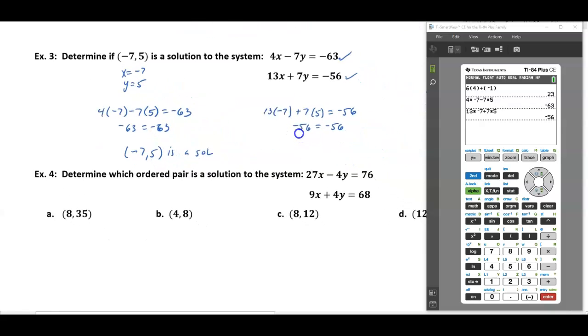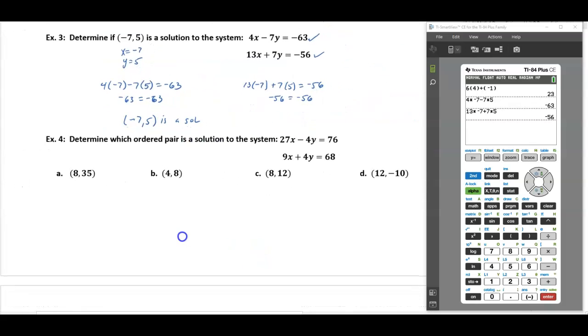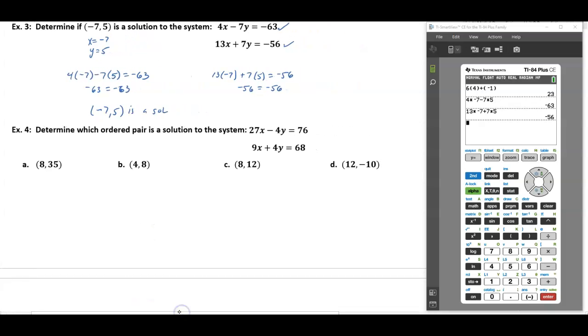Now, when I get to an example like number 4, determine which ordered pair is a solution to the system. Guys, all I'm going to do is plug these in. I'll always start with the first equation. If that one's false, it can't be a solution. So right away, I'm going to substitute 8, 35 into that.